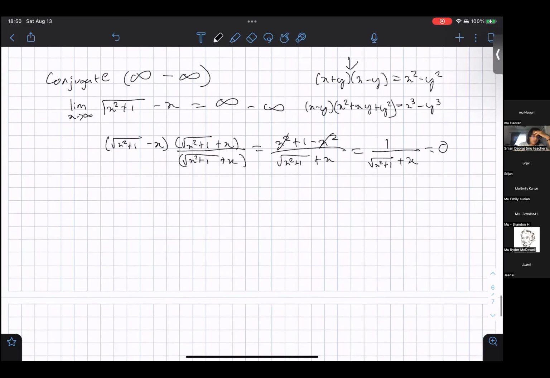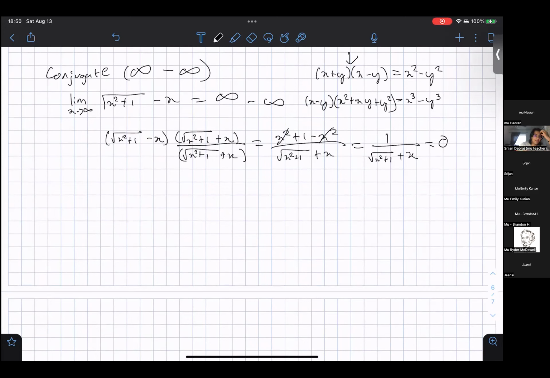Another example we have is the limit as x approaches infinity of the square root of x squared plus 3x minus 1 minus the square root of x squared plus 2x minus 5.